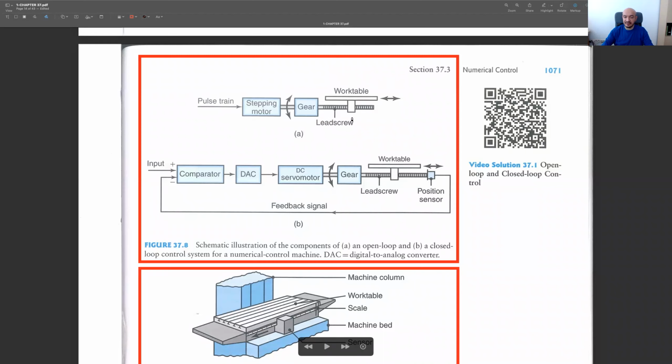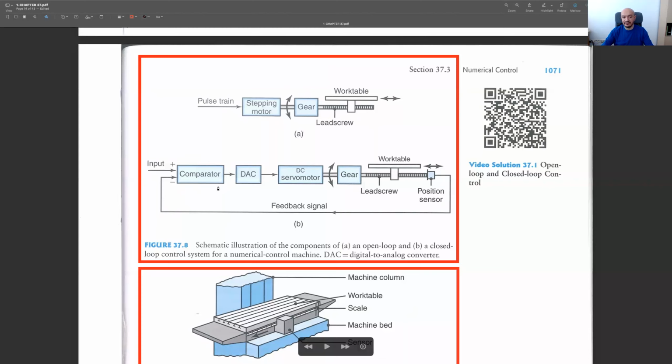But if you compare with the closed control system or feedback controller, we have a sensor installed on the shaft of the lead screw, and this is a rotary encoder, and we measure the rotation, the angle of our lead screw, and then this information is fed back to our comparator. This is a kind of computer. We check whether our work table is at the desired position or not.